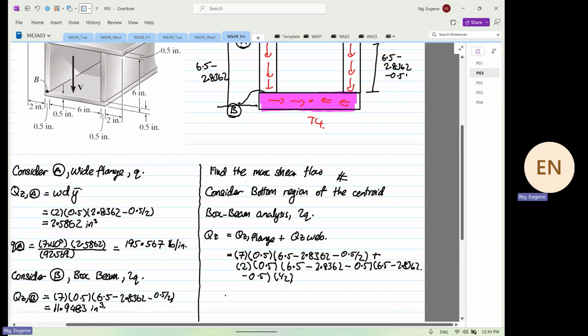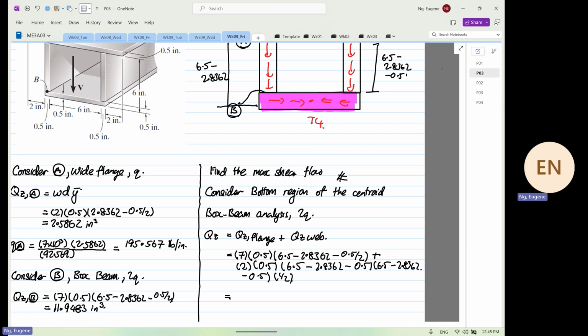From here, we get what? Calculator. 6.5 minus 2.8362 minus 0.5 divided by 2 times 0.5 times 7 is 11.9483. Sorry, that's my phone. I'm not going to answer it.